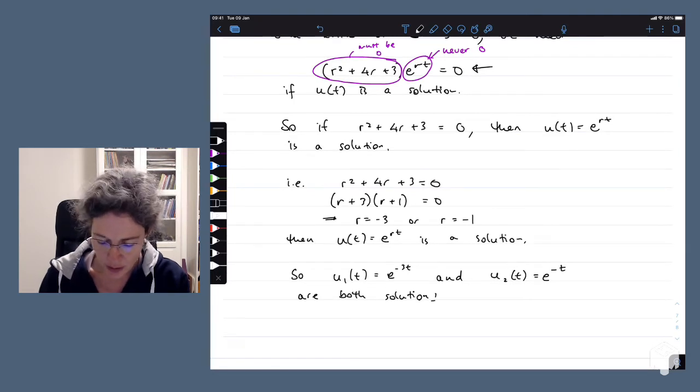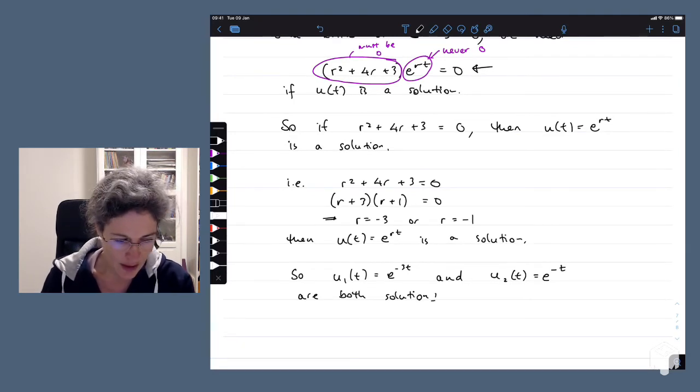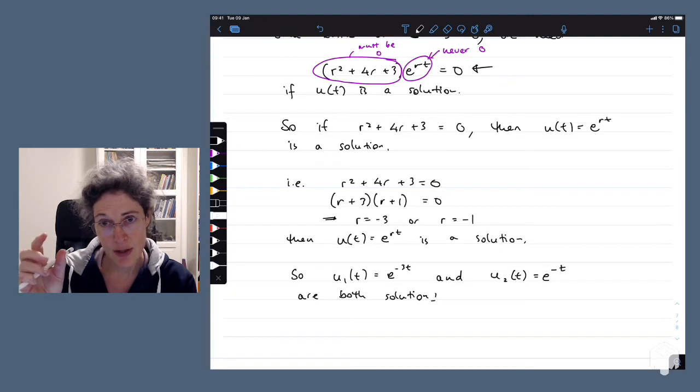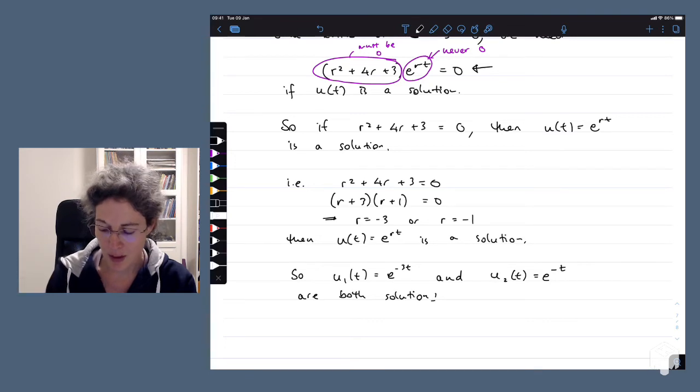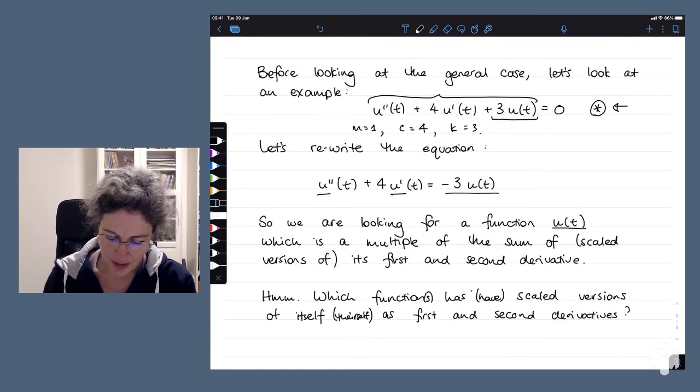Why? Because if we take any linear combination of these two solutions, that is also going to be a solution. Okay, and why? Because this thing over here is linear.